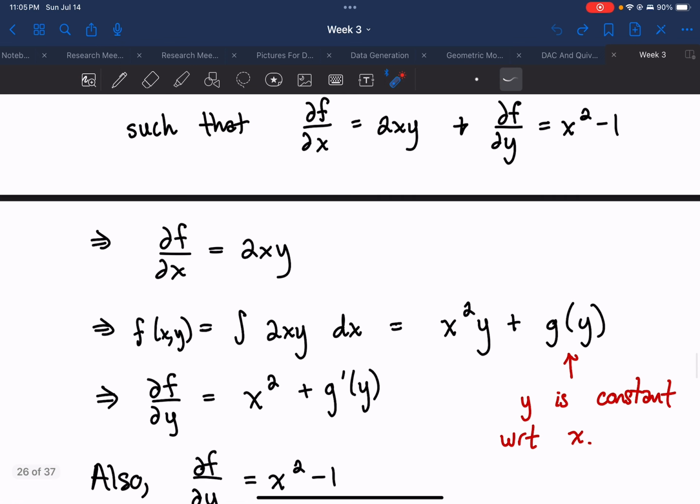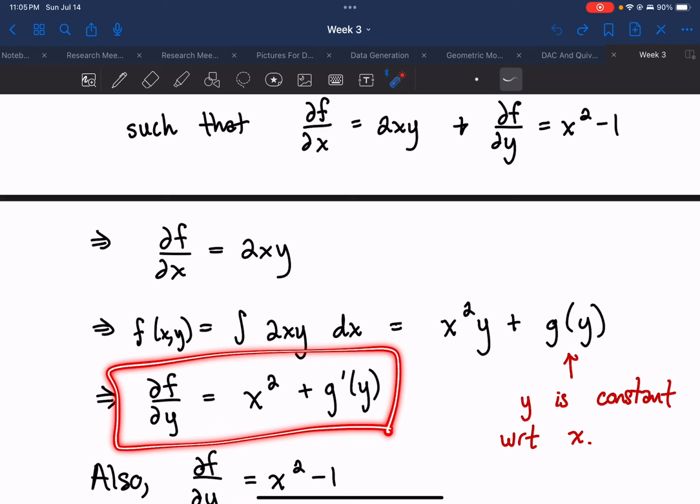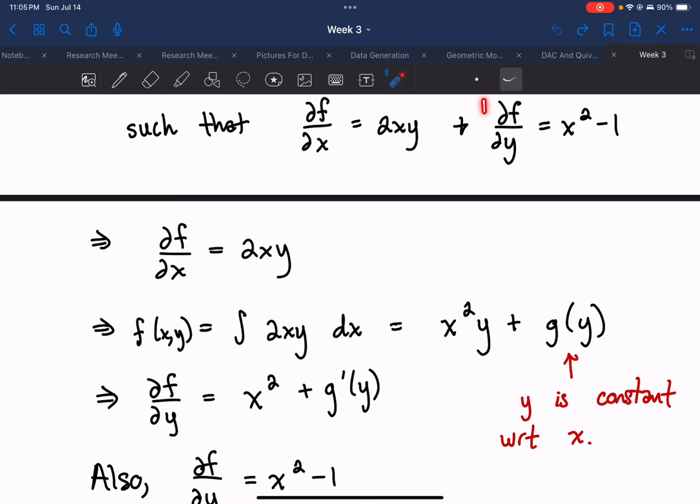And now I go back. I have here an expression for partial f partial y, and I have here another expression for partial f partial y. We see x squared minus 1 and x squared plus g prime of y, which must mean that g prime of y is negative 1.